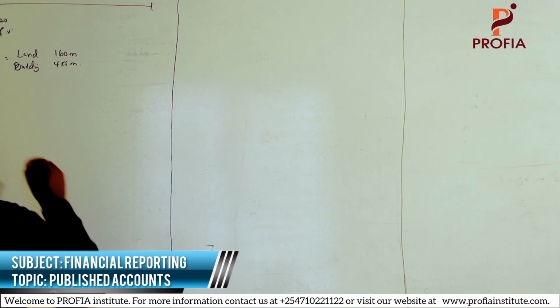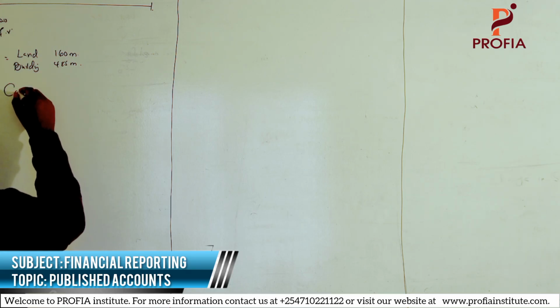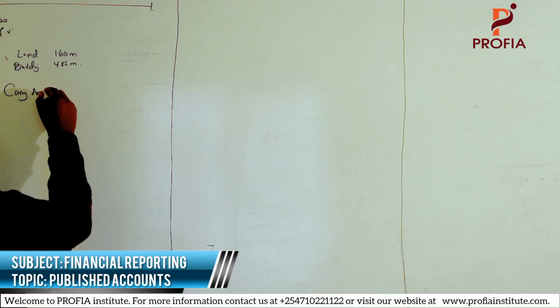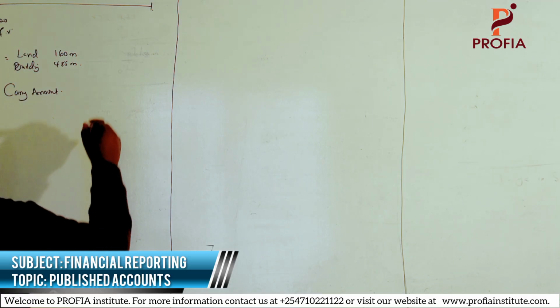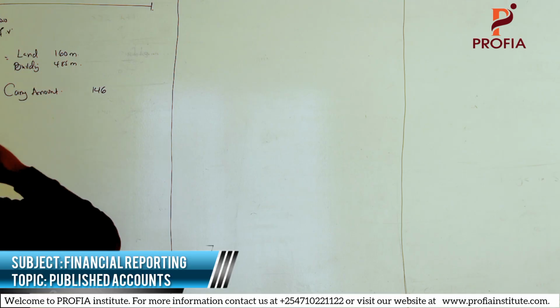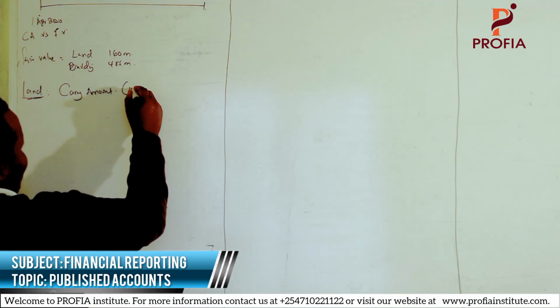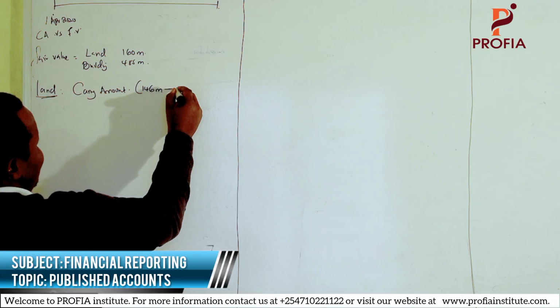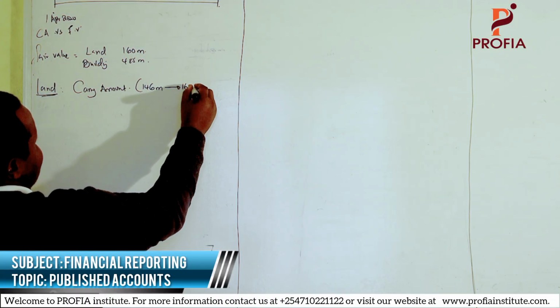Let's first analyze land. What was the carrying amount of land? Look at your trial balance under property at cost. Land was 146 million. It is now moving from 146 to a new value of 160 million.